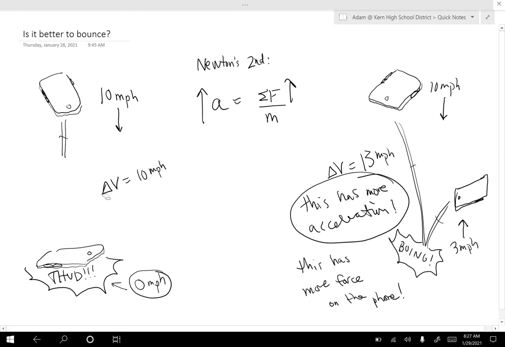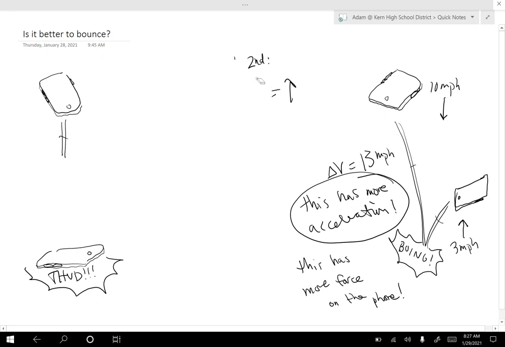So if we go back to our question that we were originally asked, is it better, safer for a safety device to make an object bounce?